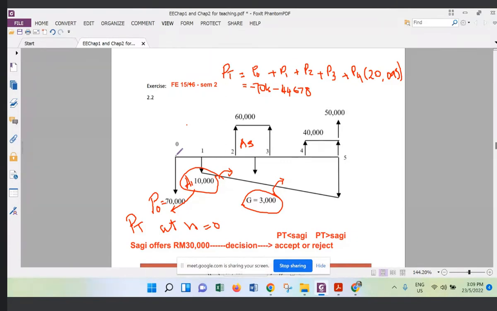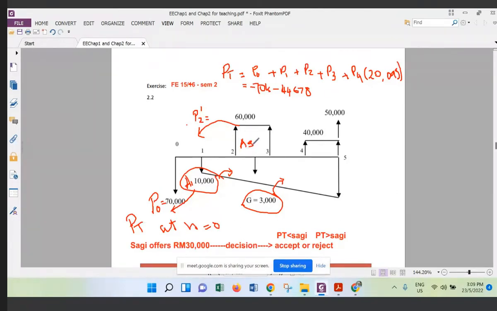Why? Because it does not happen at year 1. So what you need to do, you need to determine P2 at year 1 first. So here P2 is equals to P prime, alright? So for the P2 prime is unknown and A is known, okay? You can use the formula per number 2.